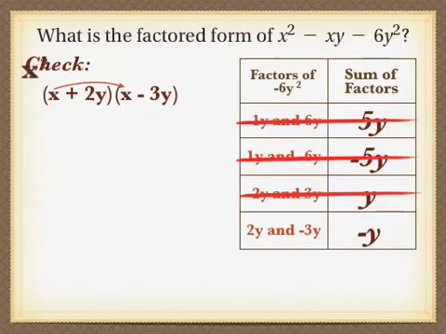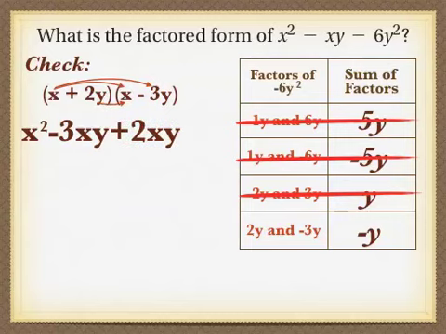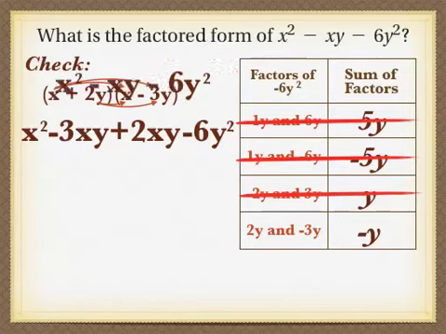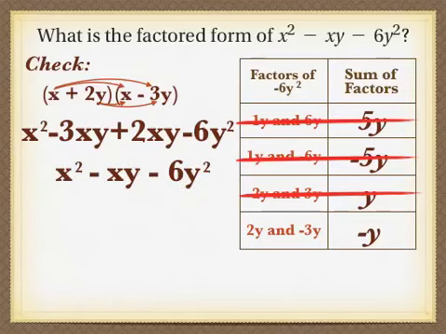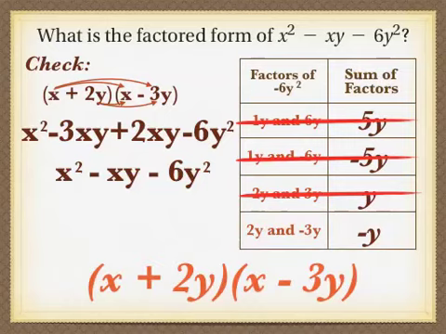Go ahead and FOIL, and you get x squared minus 3xy plus 2xy minus 6y squared. Negative 3xy plus 2xy is a negative 1xy. And so my final answer is x plus 2y times x minus 3y.